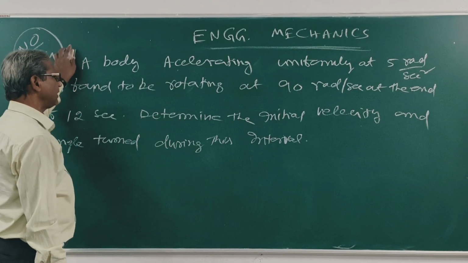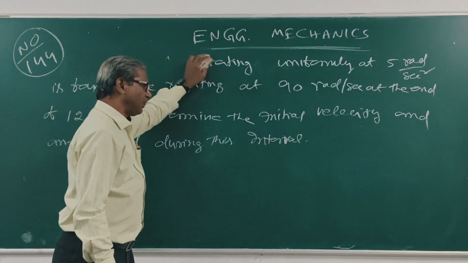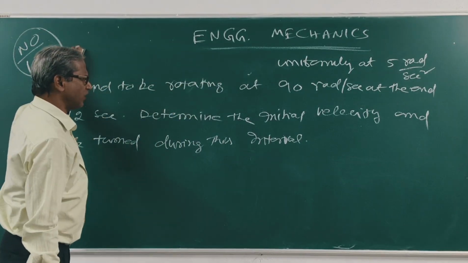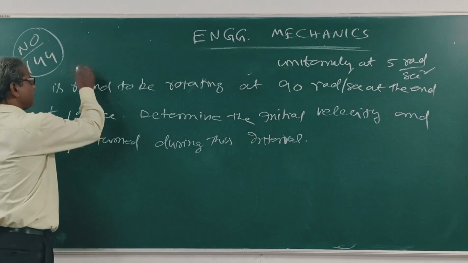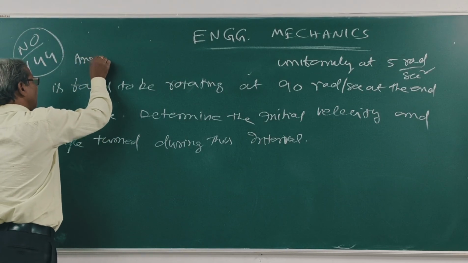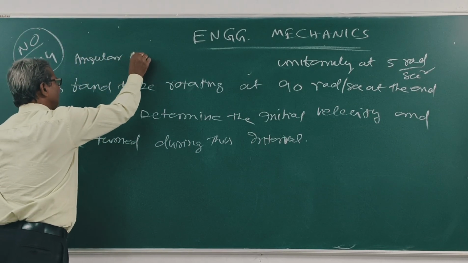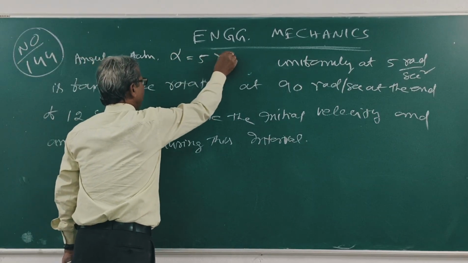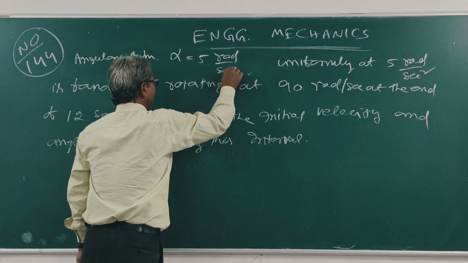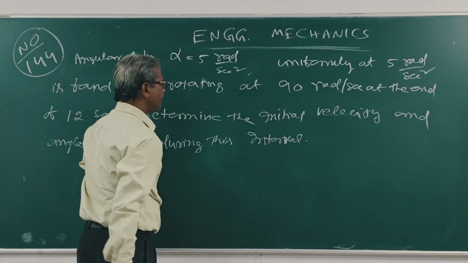The given data: a body is accelerating uniformly at 5 radian per second square, that is, angular acceleration alpha is equal to 5 radian per second square.